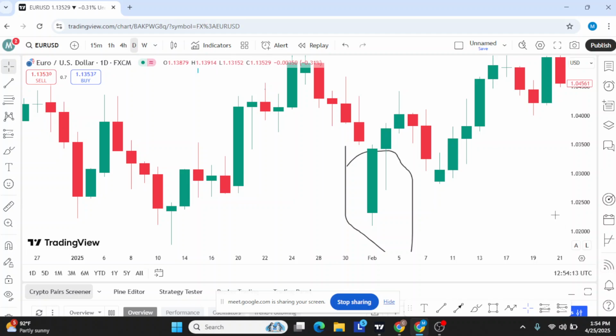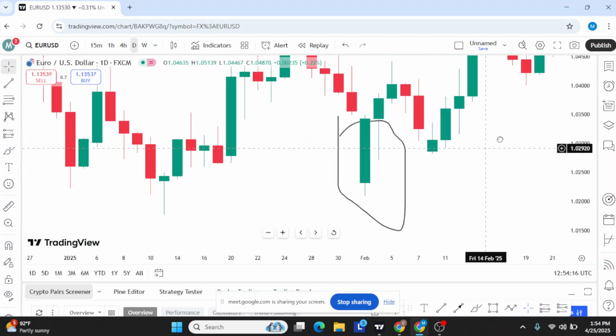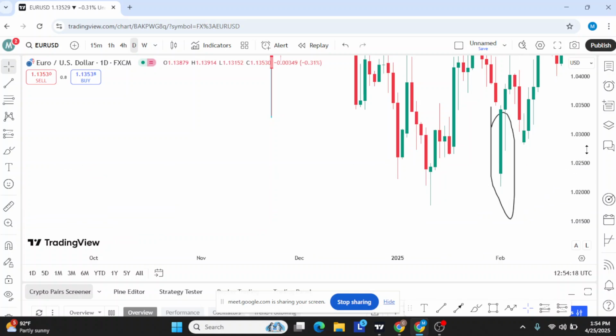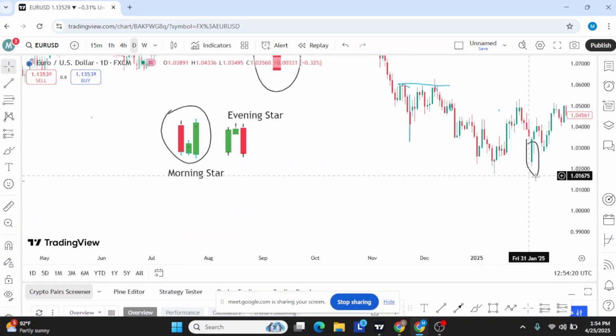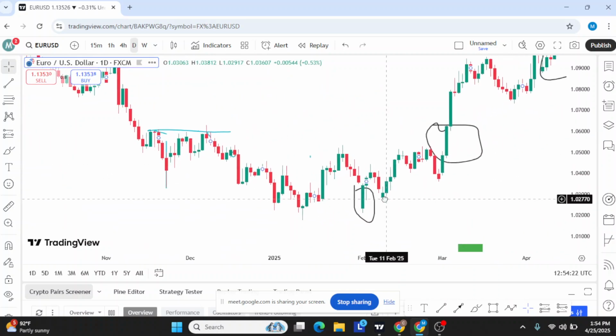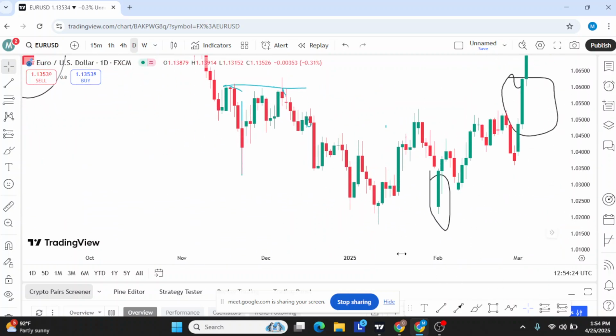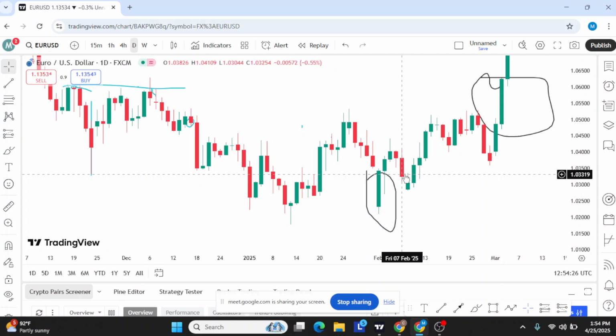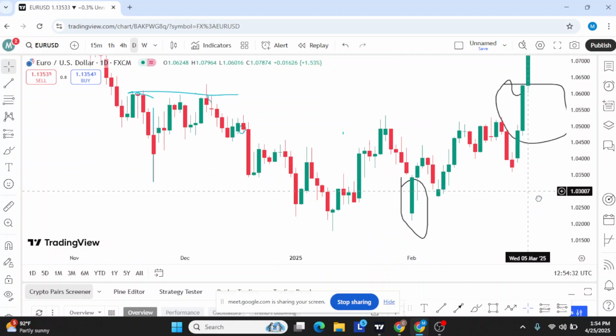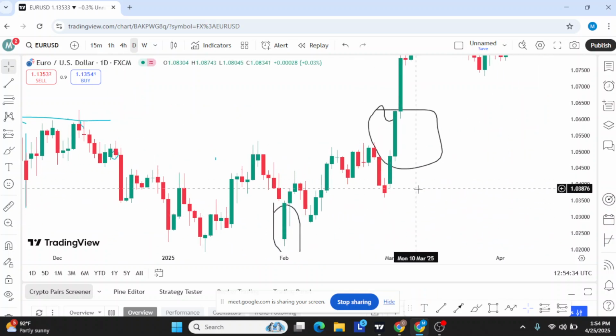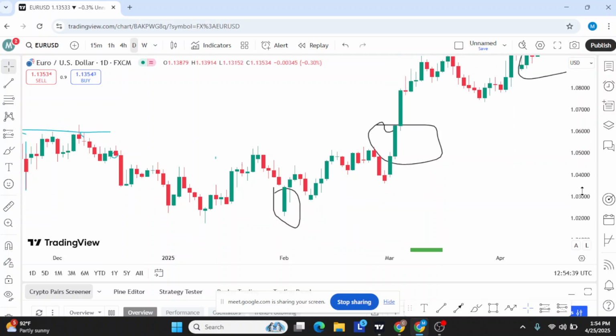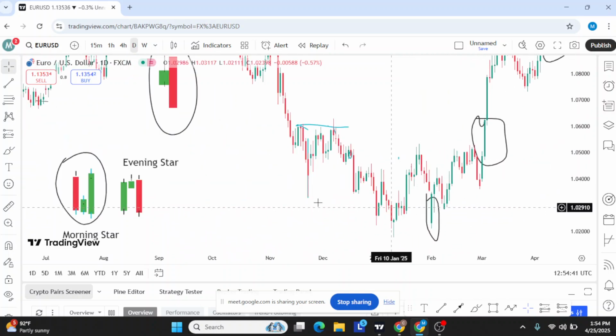You can see after that formation, the price keeps going up. Sometimes, like this one now, it's the one that led to the change of trend we are seeing here. So it shows you how powerful the bullish Marubozu can be, because it's a significant buy pressure from the buyers. And in line with what is happening, we still saw a morning star, which is a bullish confirmation as well.